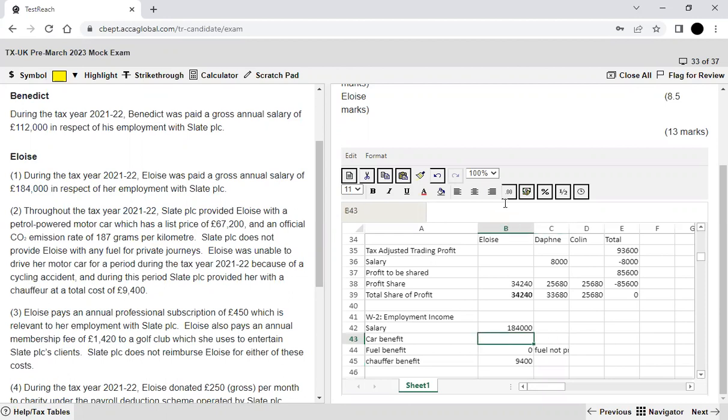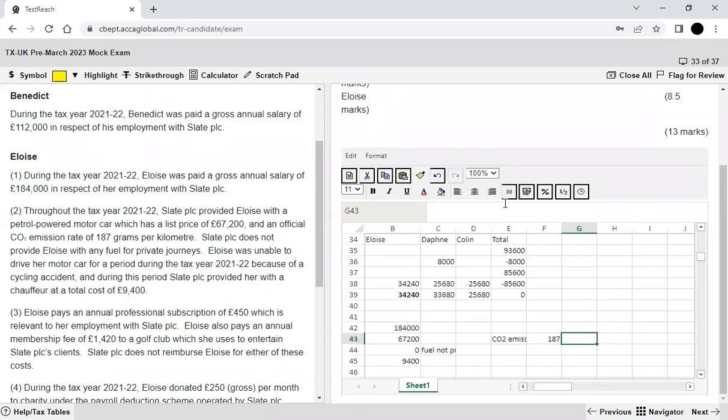Car benefit. List price 67,200. Then I need to calculate the CO2 emission. CO2 emission is 187 grams per kilometer.